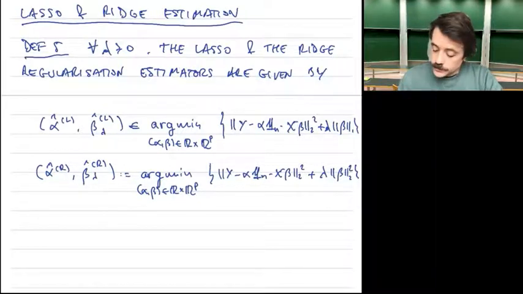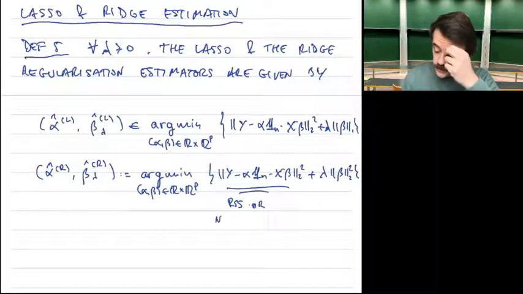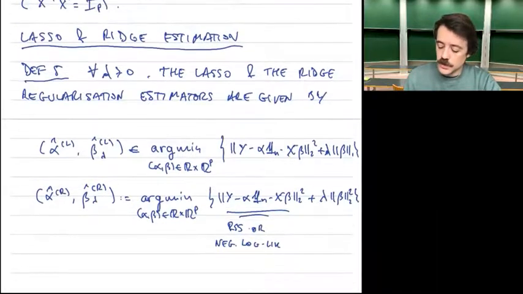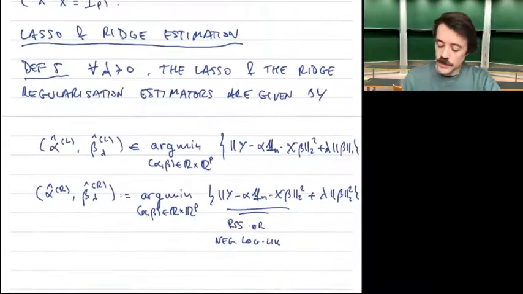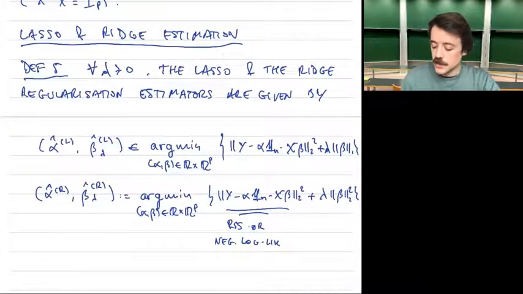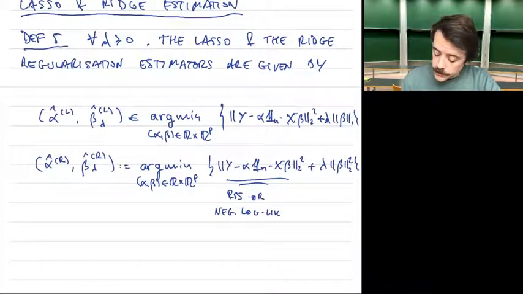So let's make a few comments about this. This is what I was saying, right? The residual sum of squares, or also the negative log likelihood. So this is very related to the negative log PDF that I was talking about, because you can write this as the sum over the data points of precisely the negative, up to constants, log PDF, or also the deviance and residuals.